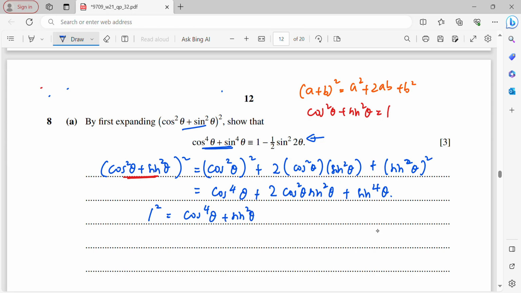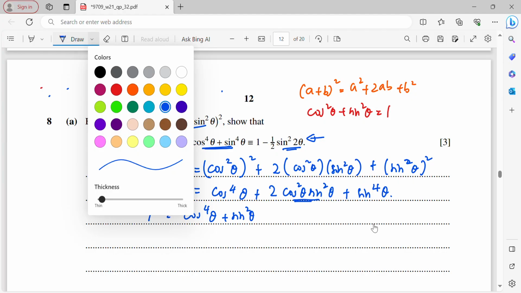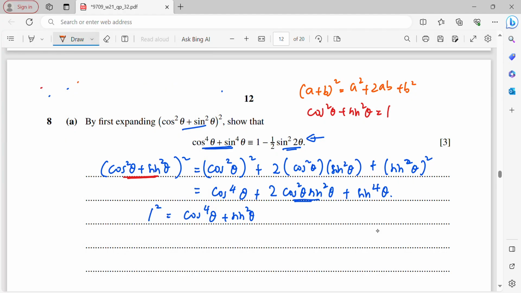Now, this part, when you refer to here, I have to introduce sine 2 theta. So sine 2 theta equals 2 sine theta cos theta.